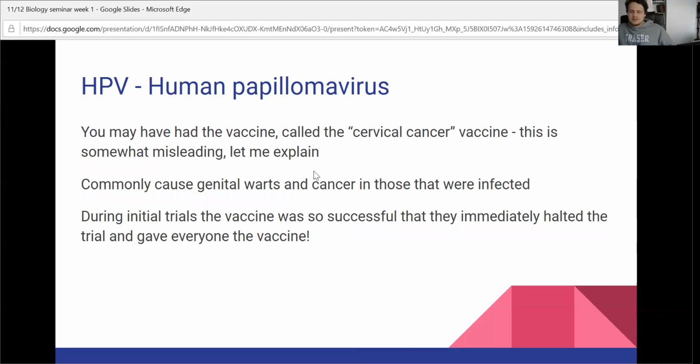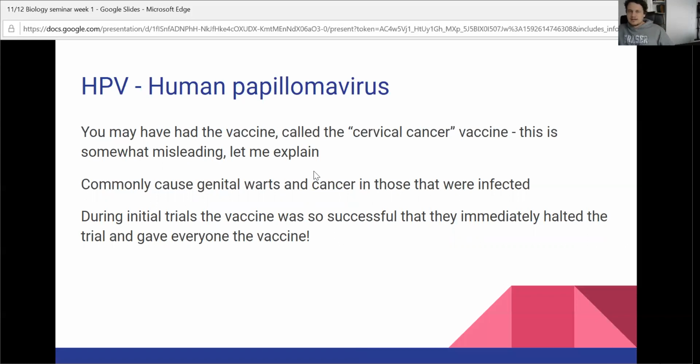So HPV, the human papillomavirus, is a class of viruses, not just one virus. So generalized as human papillomavirus. Unfortunately, almost all cervical cancer cases are associated with HPV.